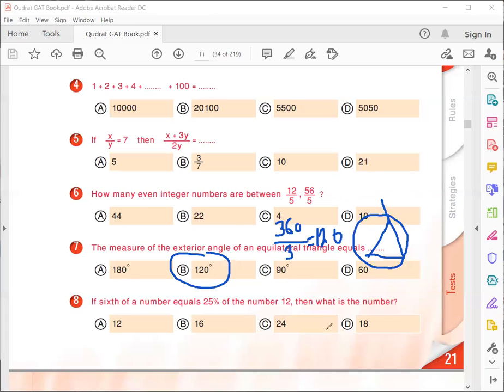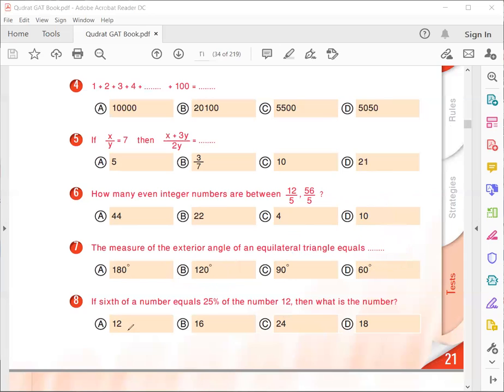Now number 8, if 1 over 6 of a number equals 25% of the number 12, then what is the number? So how do I solve this problem? He said 1 over 6 of a number.